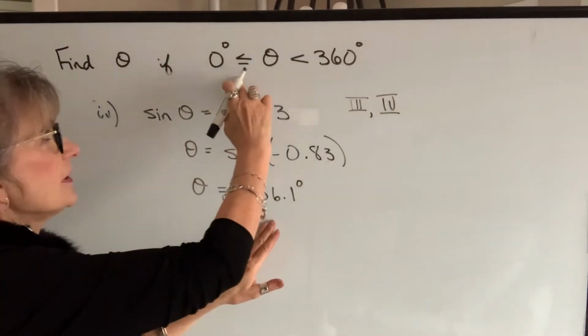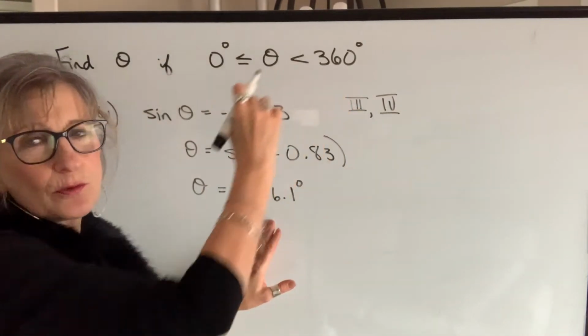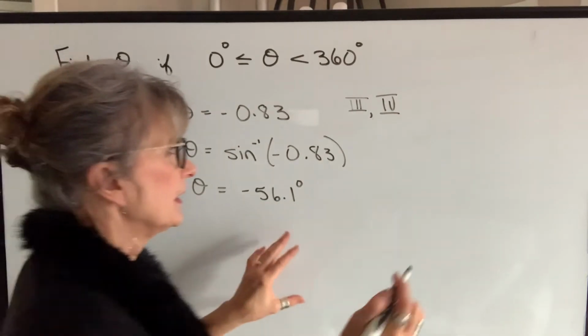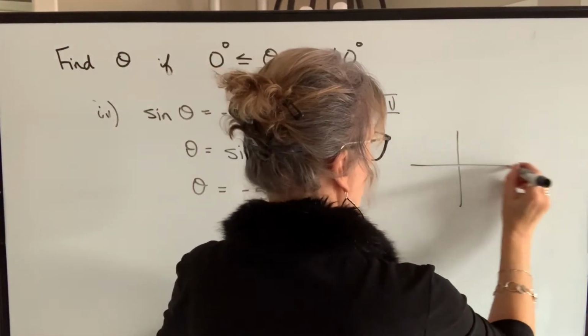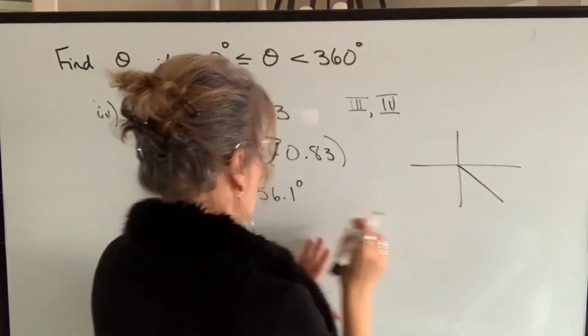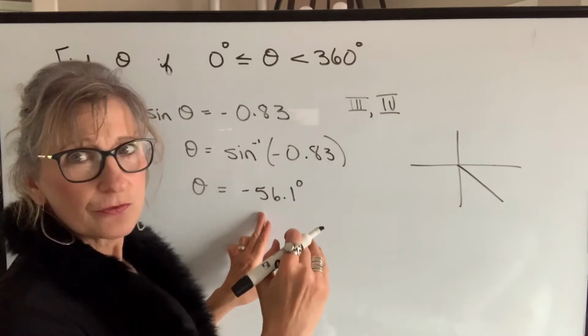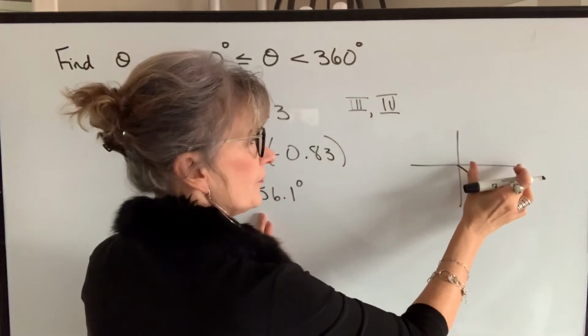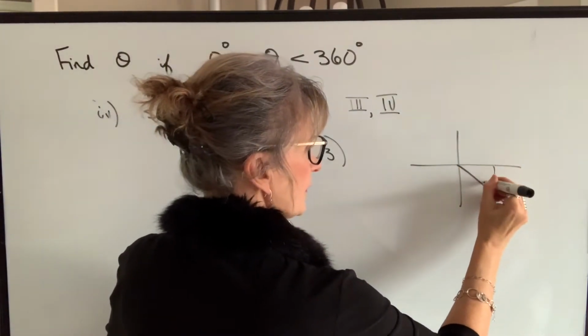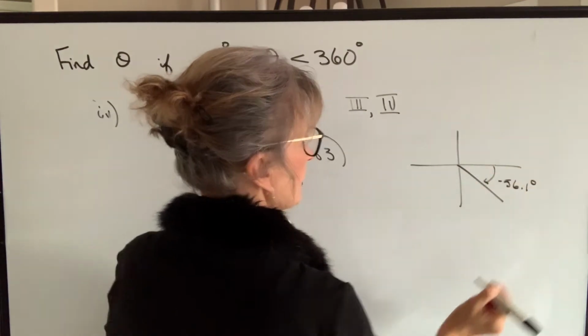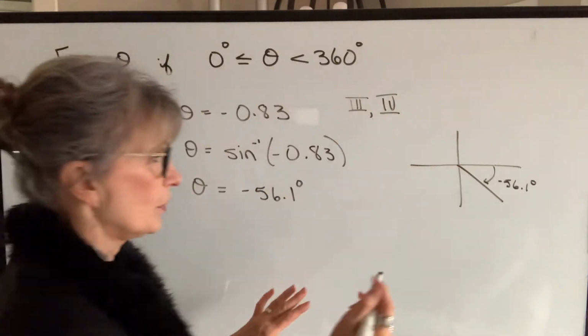Our instructions have asked us to find theta between 0 and 360, which means we can't leave it as a negative angle. That angle is in quadrant 4. When we have a negative angle, it's a clockwise direction from our initial side, which is our positive x-axis. So this is our rotation of negative 56.1 degrees.